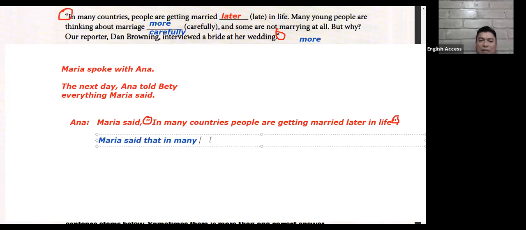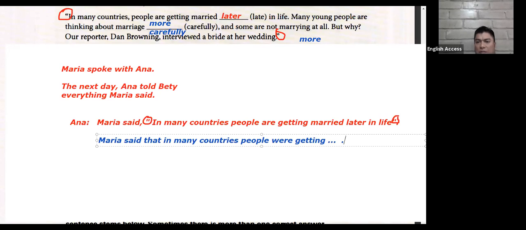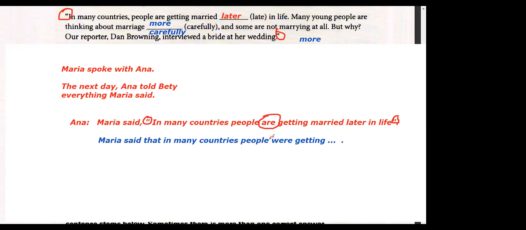So I said that in many countries, people were, like that. And when you finish, you finish. No quotation marks and the tense shifts from present to past. And that's the report.